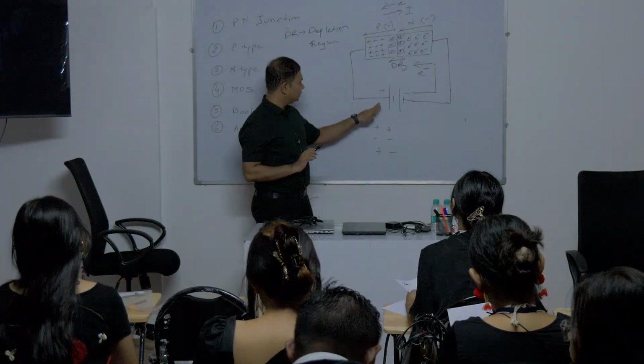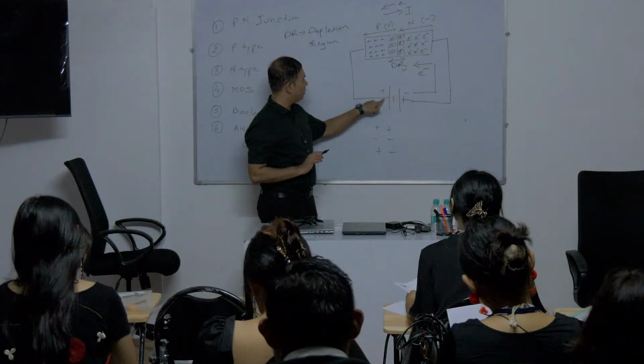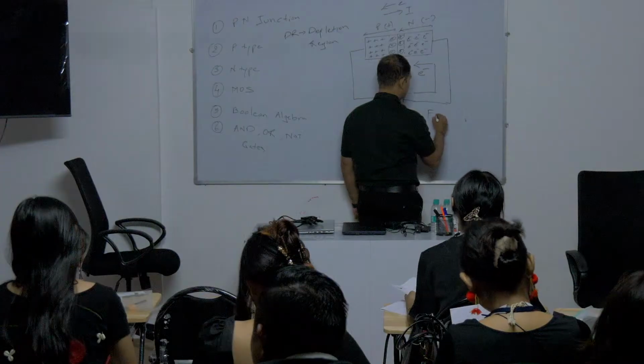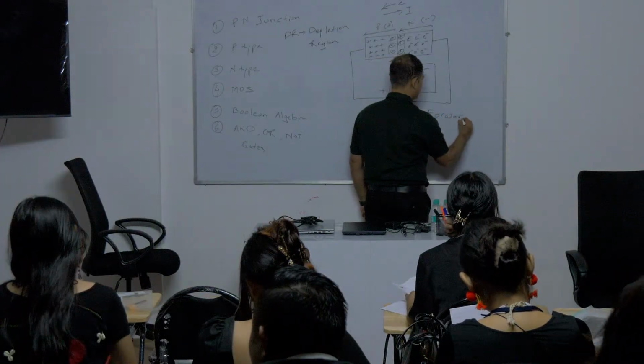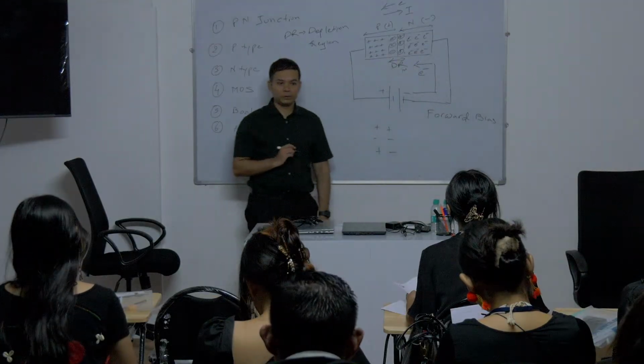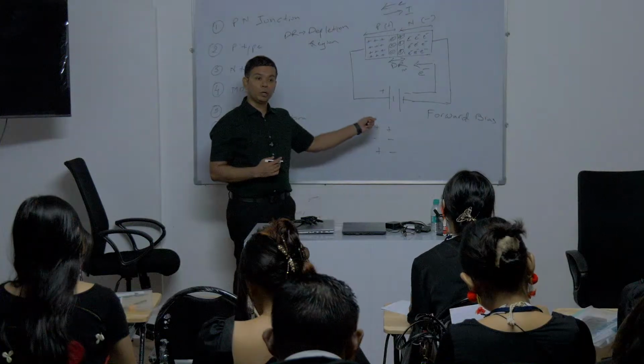The next thing is, when we connect it like this, this particular state is known as forward bias. Understood? So what is the condition for reverse bias? What should we do now?